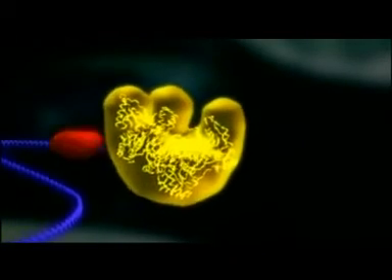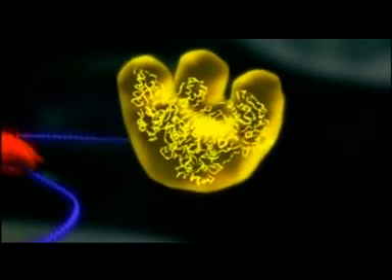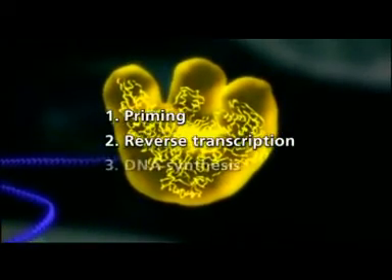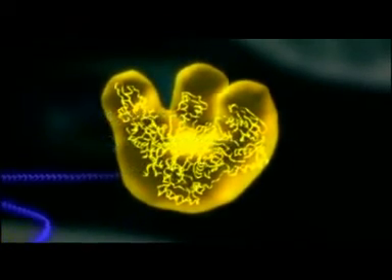The viral polymerase has 3 functional activities: priming, reverse transcription, and DNA synthesis. The principal function of the polymerase is to convert pregenomic viral RNA into viral DNA for incorporation into the next generation of hepatitis B virions.